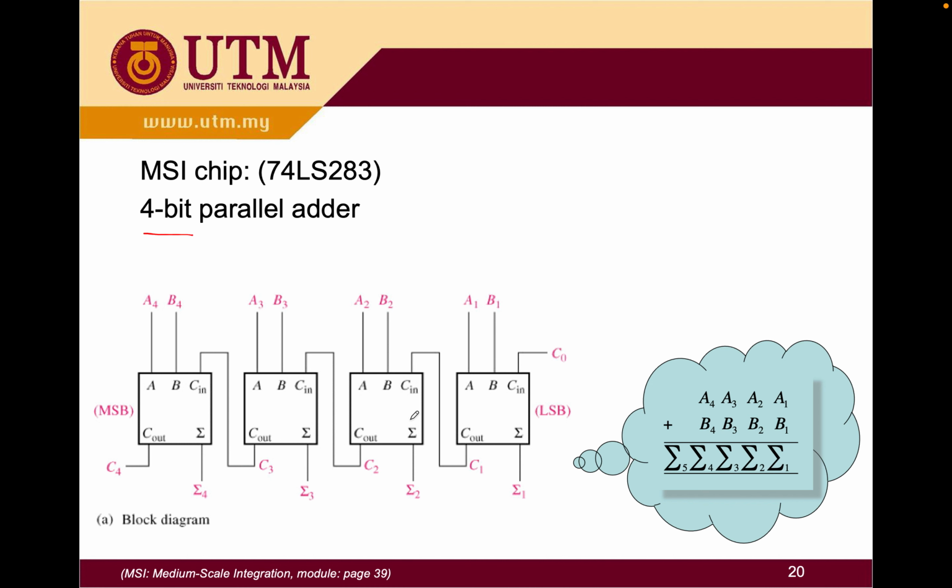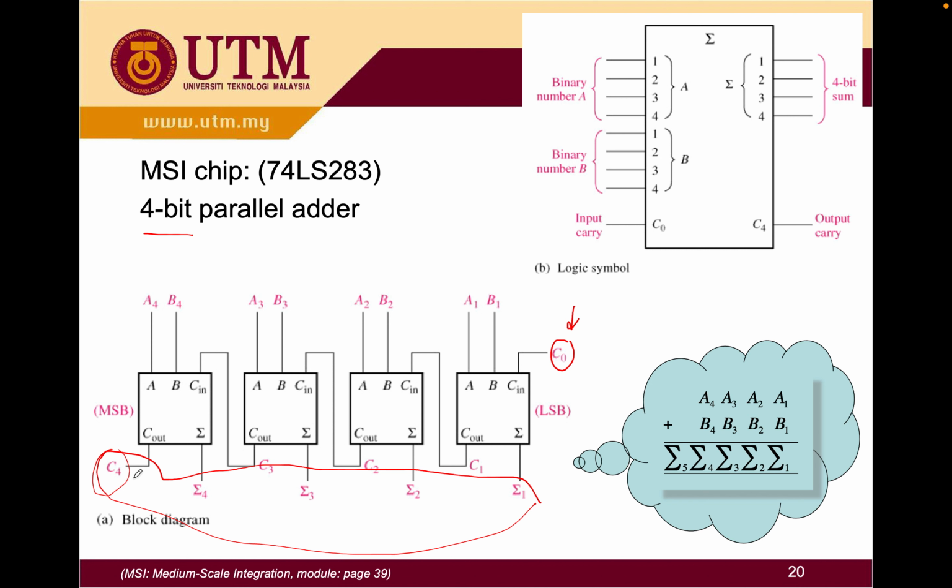Basically it's similar whether it is 2-bit, 3-bit or 4-bit parallel adder. You need to know the input carry, the carry out will be brought to the next carry in, carry out will be brought to the next carry in, and you answer only for the sum and the last carry out from the last full adder.